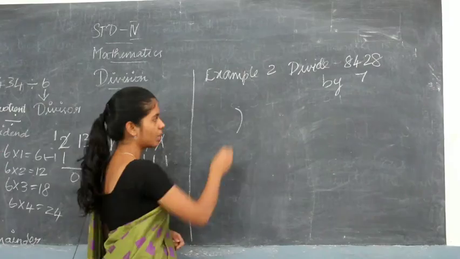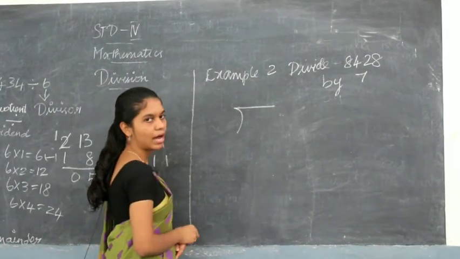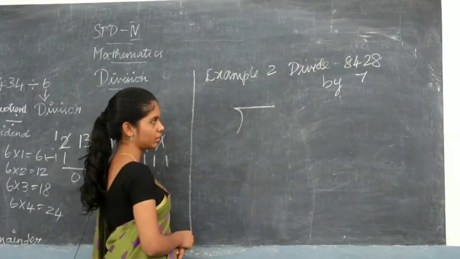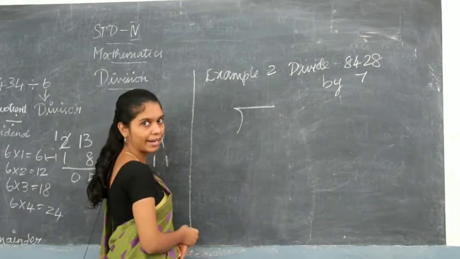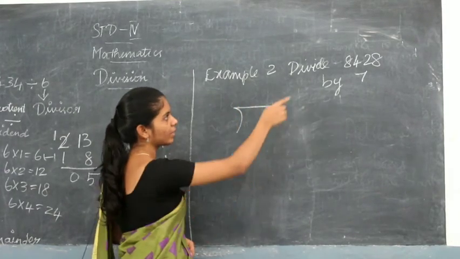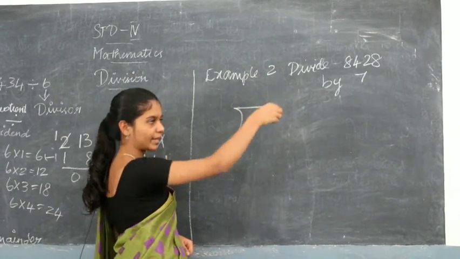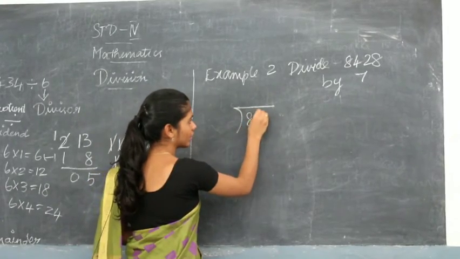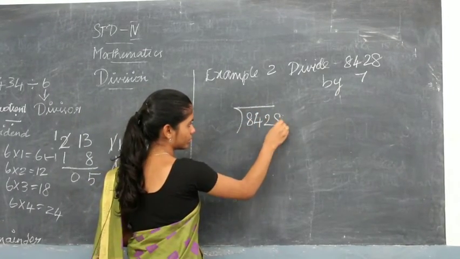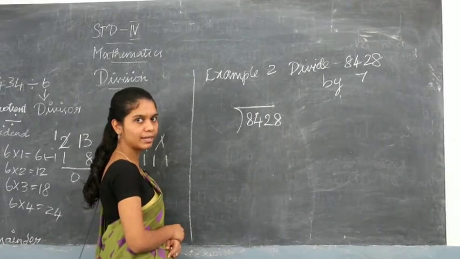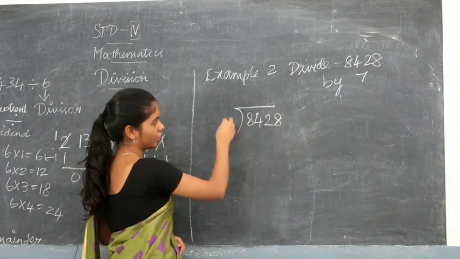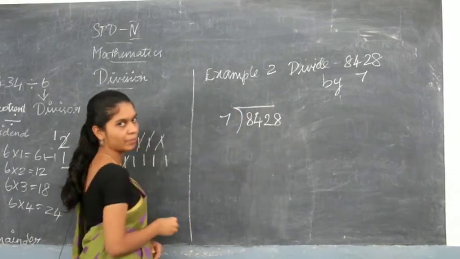You should first put this table, and then next what you will do is, you will write the dividend. Here what is the dividend? 8428 inside the table. And then what is the divisor? Here 7. You are using 7 to divide them, right?